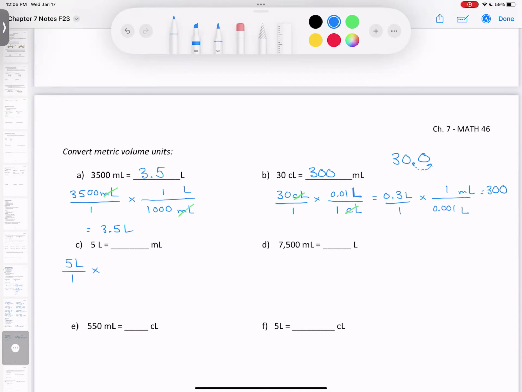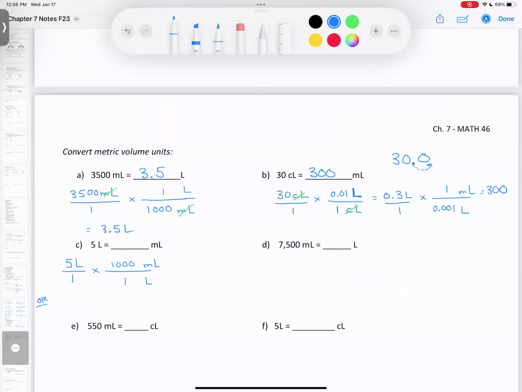Okay, and hopefully you had a chance to think about the conversion factor. We want liters to cancel, so liters is going to be on the bottom, milliliters is going to be on the top, and there's 1,000 milliliters for every 1 liter if you're using your conversion factors.